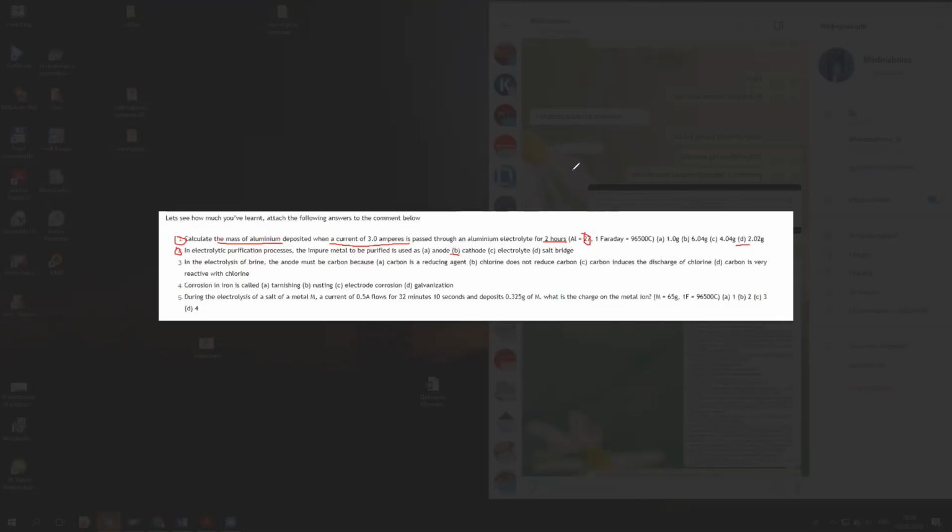No, I said that in the purification, it should be the electrolyte, because the impure substances exist in the mixture, and you have to form a solution of this mixture.